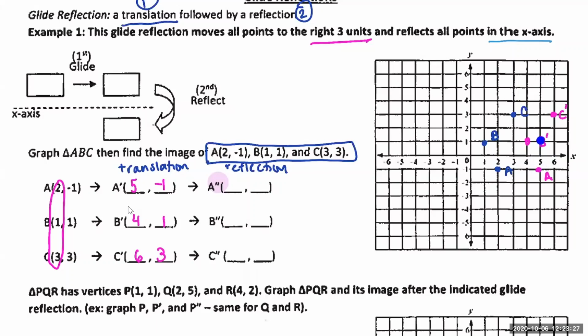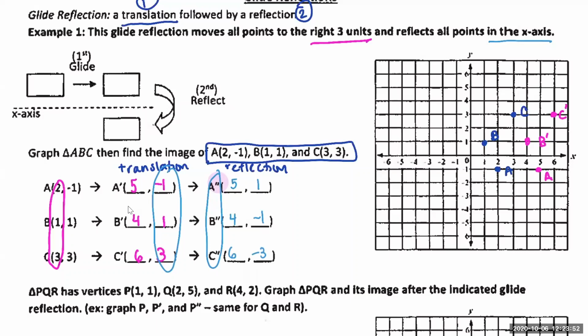All of our y values change to the opposite sign. So we keep the x value the same: (4, 1), (4, -1), and (6, -3). Those will be our double primes.